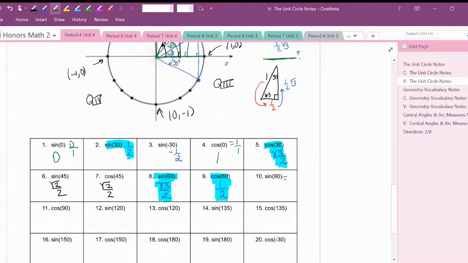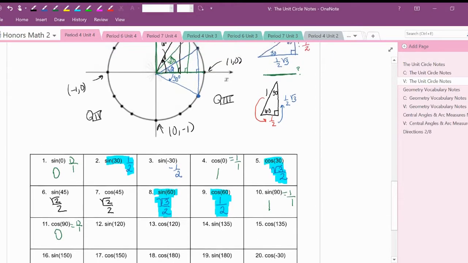So they're both equal to 1, right? The side opposite and the hypotenuse. So the sine of 90 is exactly 1. And since there is nothing opposite or adjacent, then the cosine of 90 is 0.